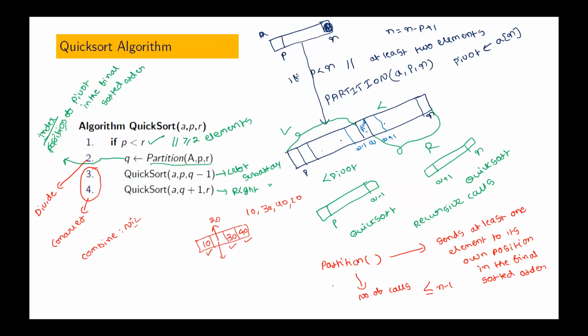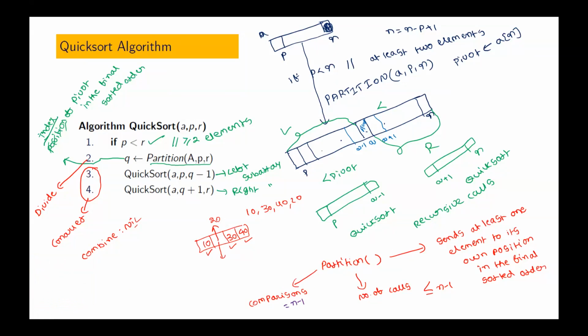So one invocation of the partitioning algorithm performs exactly n minus 1 comparisons if there are n elements. The pivot has to be compared with all other elements, and there are n minus 1 other elements. Is that okay?